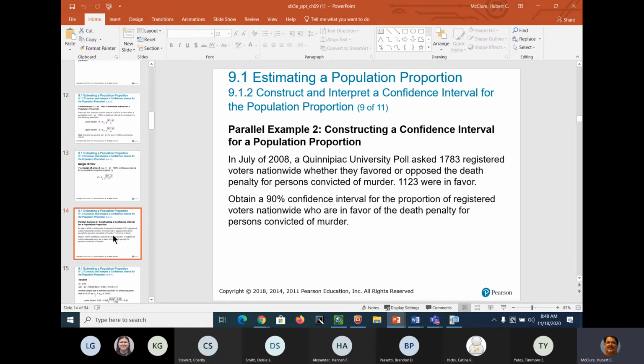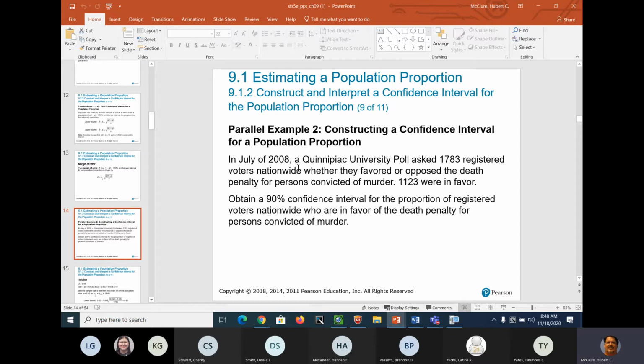Here we go. All right. It says in July of 2008, a Quinnipiac University poll asked 1783 voters whether they opposed the death penalty. 1123 were in favor. Well, that wouldn't go by now. As crazy as our society is getting, that would be reversed.